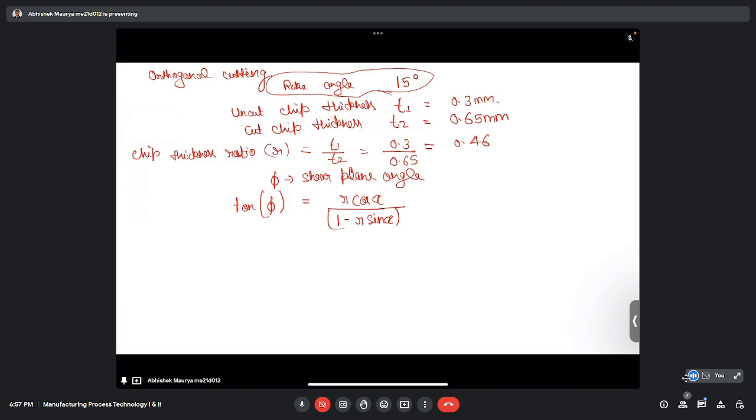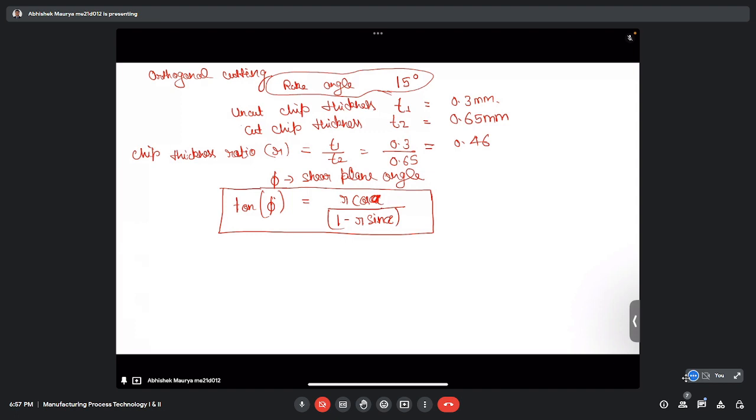Of course there are assumptions involved in deriving these relations, which you can check in the video lectures. But this is the final relationship between the shear plane angle, the chip thickness ratio and alpha, the rake angle.